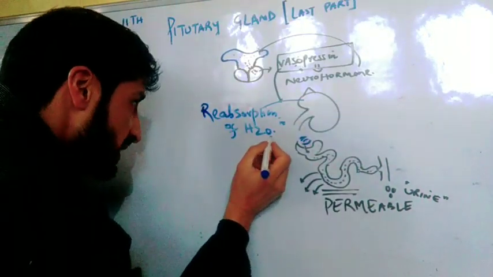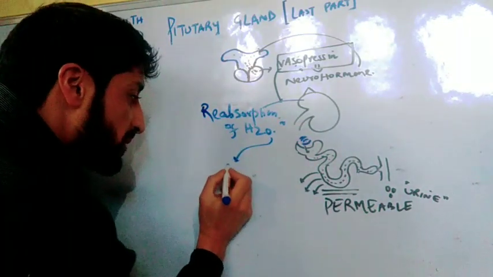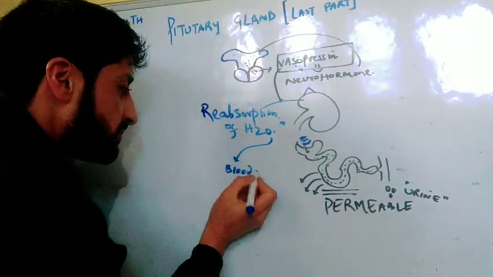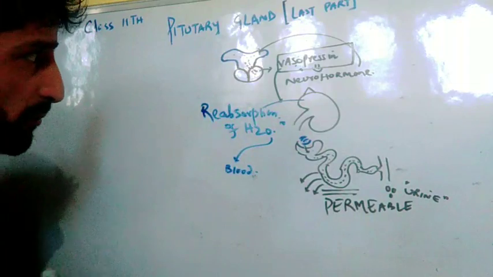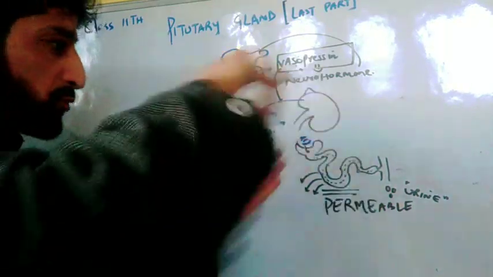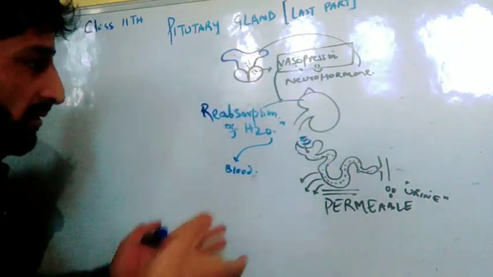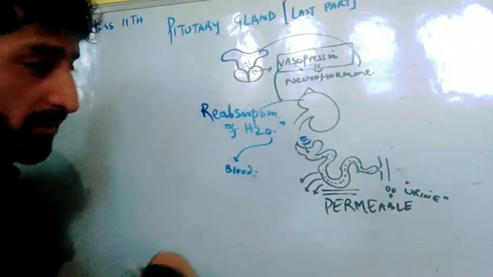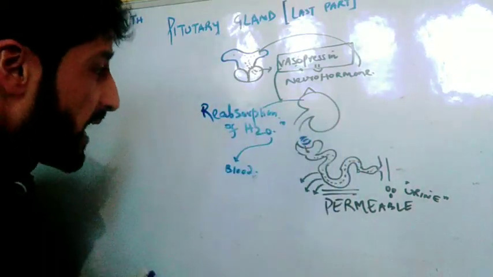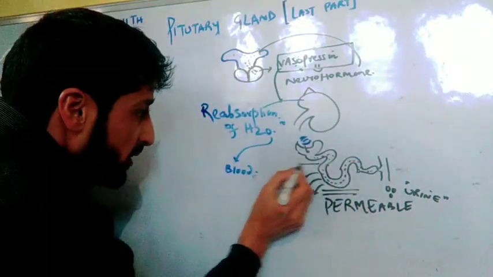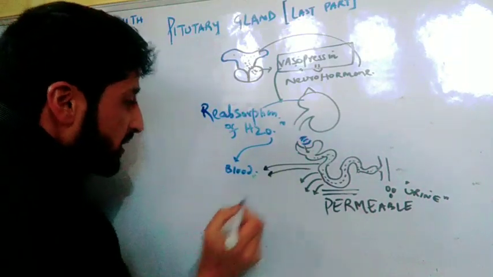Then what happens? It is this water that is reabsorbed back into our blood. Vasopressin increases the reabsorption of water from the nephrons back into our blood.